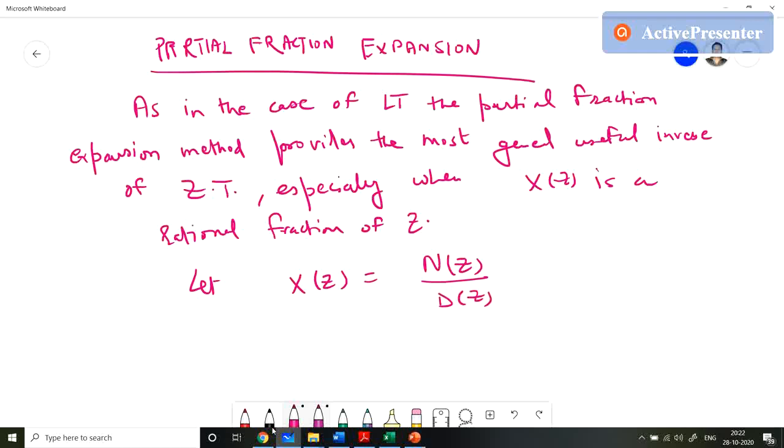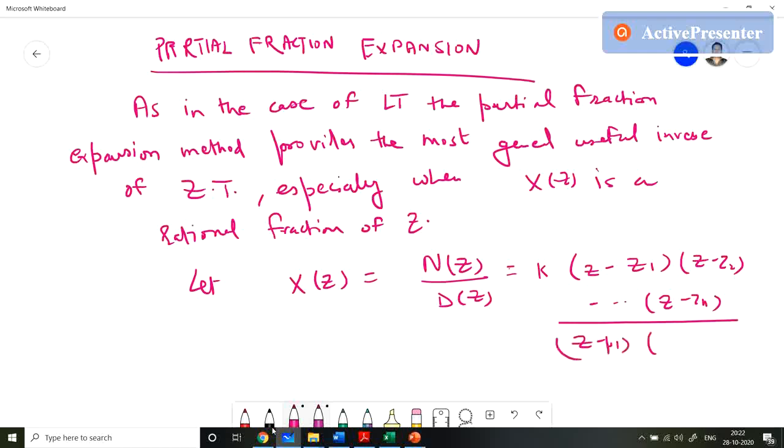Let X(z) equal N(z) divided by D(z), and it is written as K multiplied by (z minus z1)(z minus z2) up to (z minus zm), divided by (z minus p1)(z minus p2) up to (z minus pn).